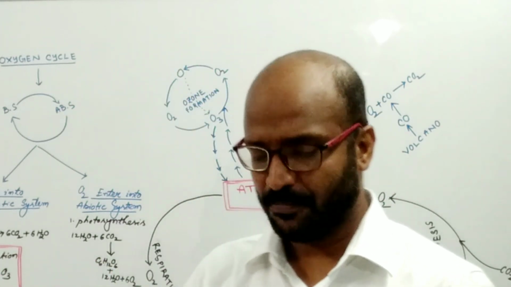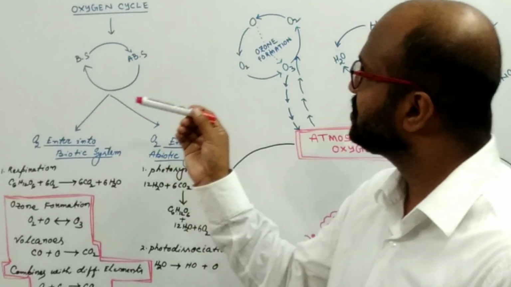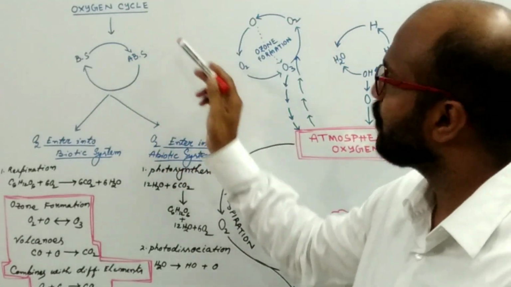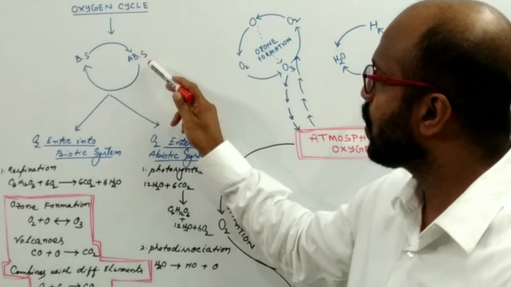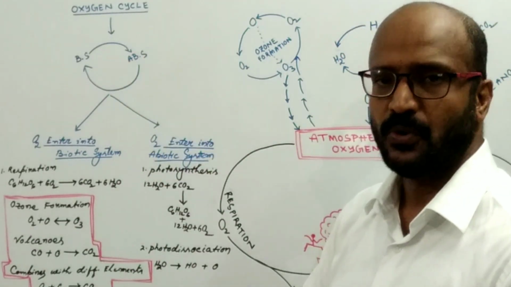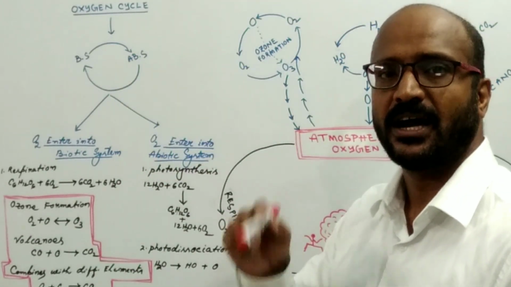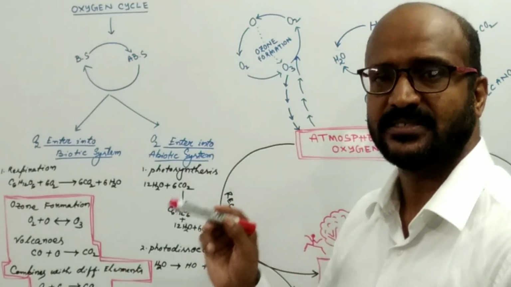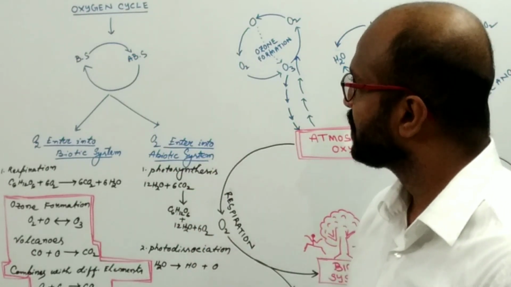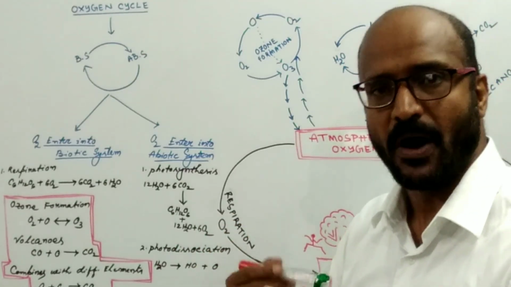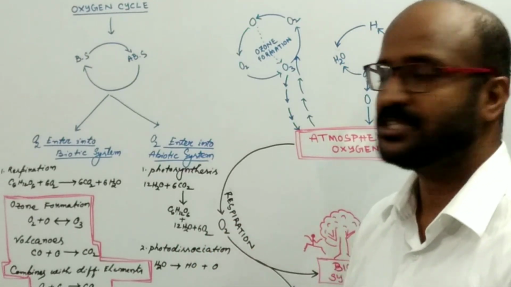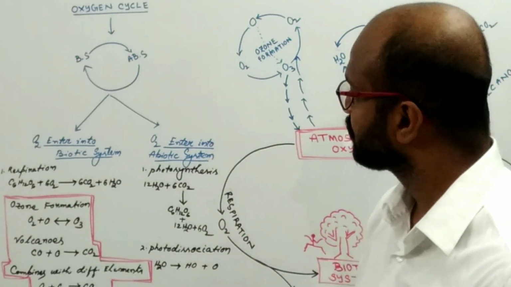What is the meaning of oxygen cycle? The cyclical movement of oxygen from the biotic system to the abiotic system and from the abiotic system to the biotic system is known as the oxygen cycle. In this video, I am going to talk about how oxygen enters the biotic system and how oxygen enters the abiotic system.